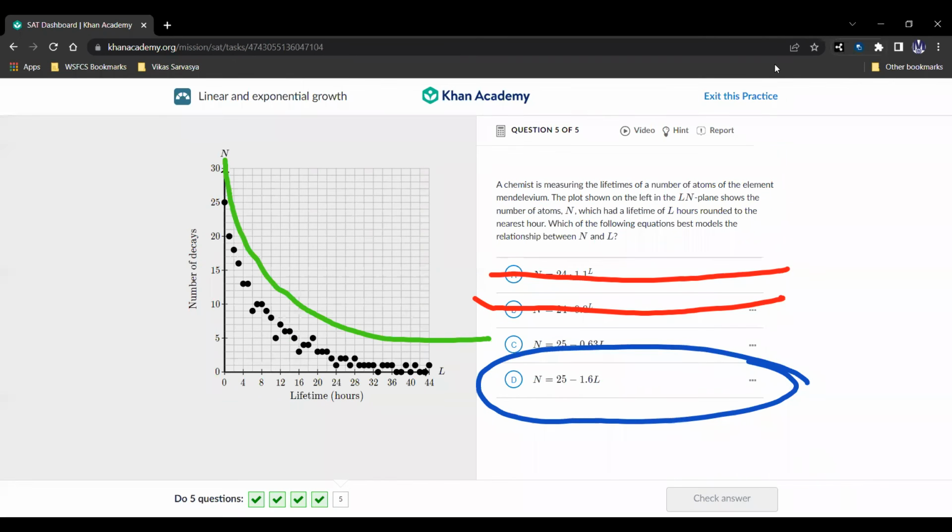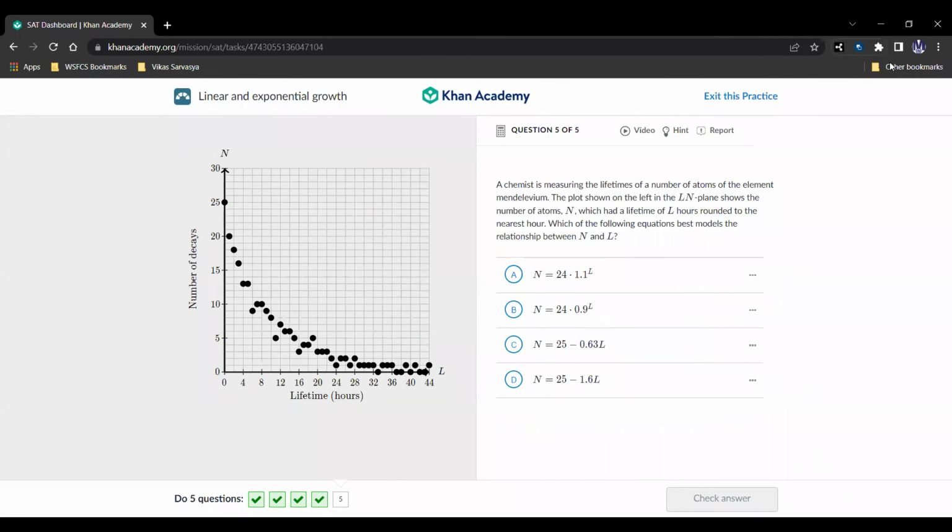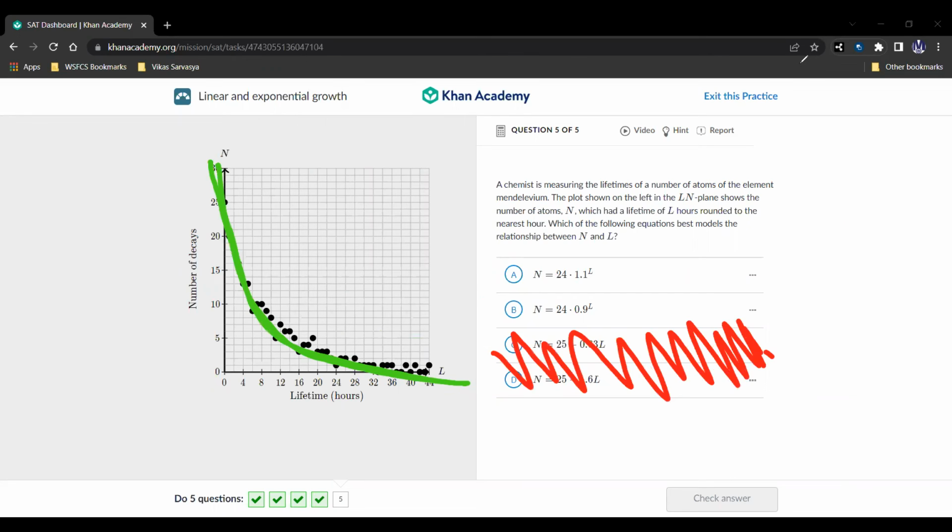All right, next question. Here it is. And we're given something that, again, looks to be more of an exponential decay scenario. So you can cross out the linear ones, which are C and D. And looking at this, they start at the same value, but one is 1.1 and the other is 0.9.